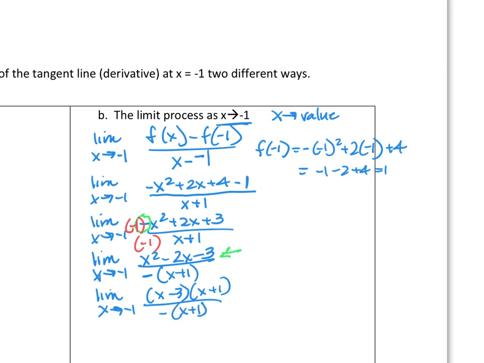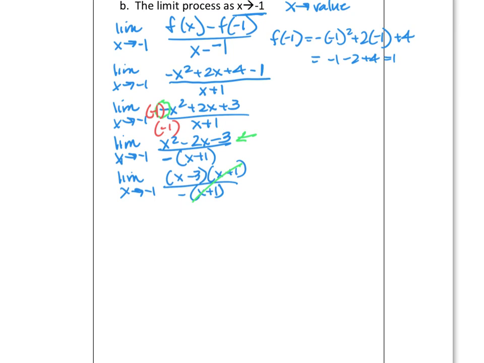So what happens next? We factor out, or those x plus 1 over x plus 1 goes to 1. So we are left with the limit as x goes to -1 of x minus 3 over -1.